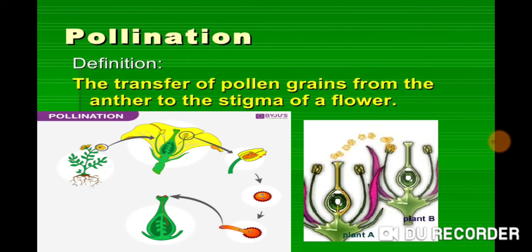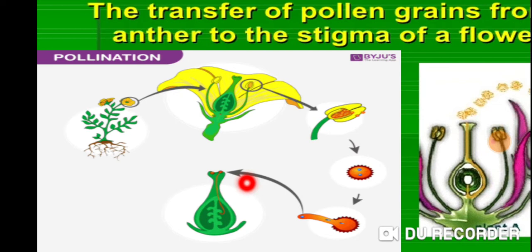Now the pollination: the transfer of pollen grains from the anther to stigma. Here you can see the flower. This is the anther, and it is moved from the anther to the stigma. I have repeated it so that it should be easier for you to understand in detail.